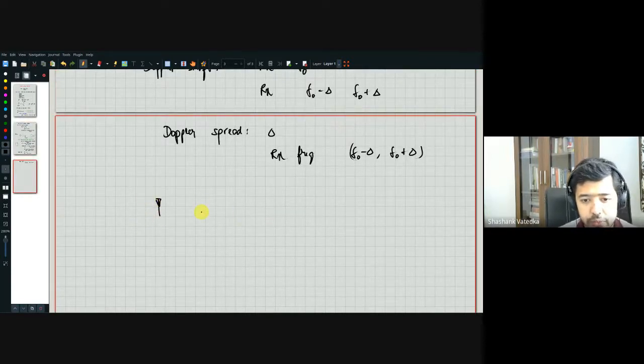Right? So for example, if there is one single transmitter and you have a receiver who is moving away from the transmitter. Now, there is one component, right? So this is one component from the transmitter directly to the receiver, and in this case, you are moving away from this source, right?